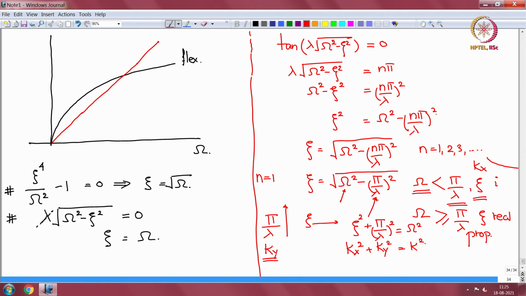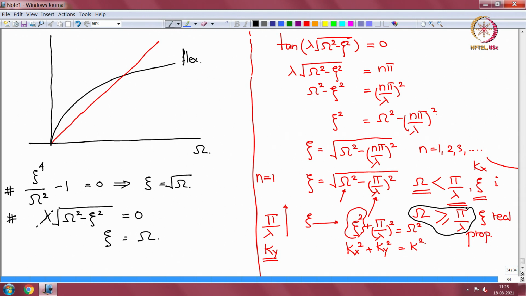It is related to the shape of the wave in the y direction, because y is bounded on the top and bottom between 0 and a. So, xi can be propagating, can be non-propagating, and for omega greater than pi by lambda it becomes propagating.